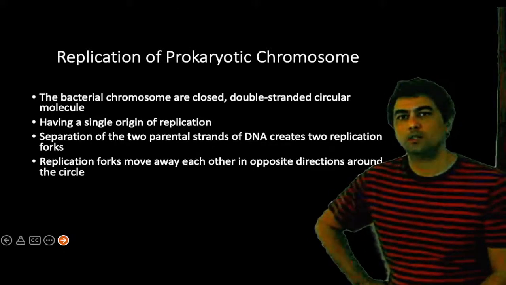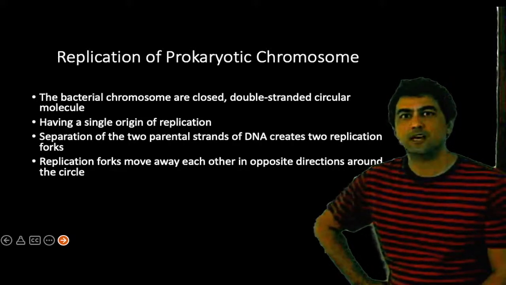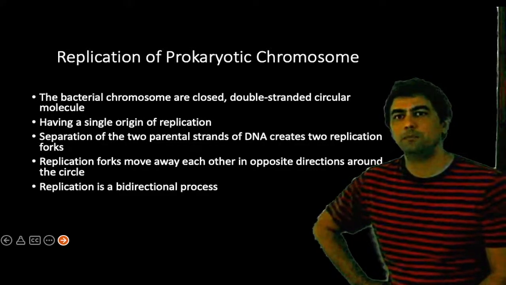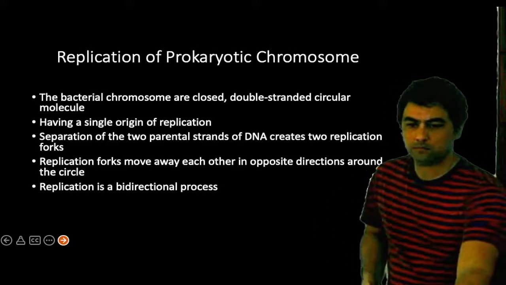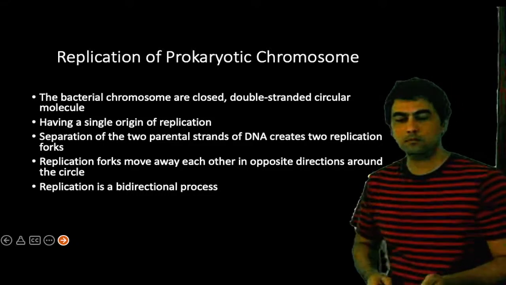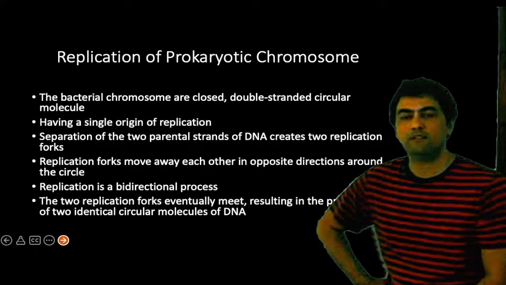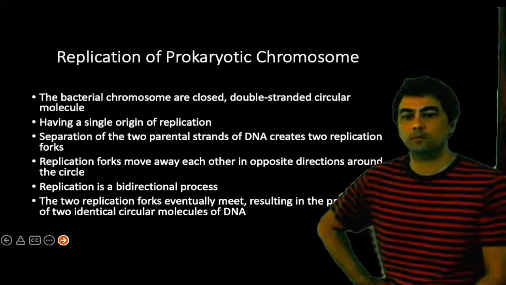Replication forks move away from each other in opposite directions around the circle. Replication is a bidirectional process. The two replication forks eventually meet, resulting in the production of two identical circular molecules.